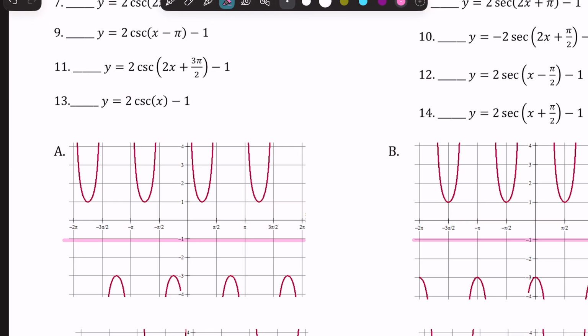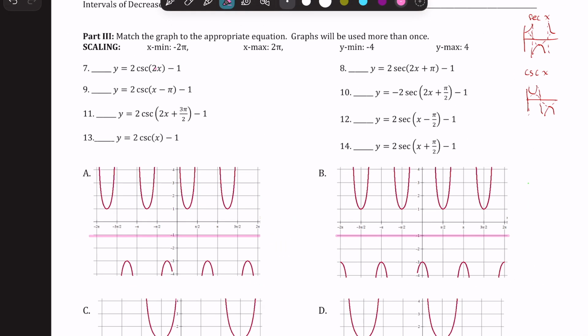Then the thing that I look at, we could look for a cosecant or we could look for a secant. Now, one thing to know is, just like the graphs of sine and cosine, I can take this graph and write an infinite number of cosecant and secant graphs.